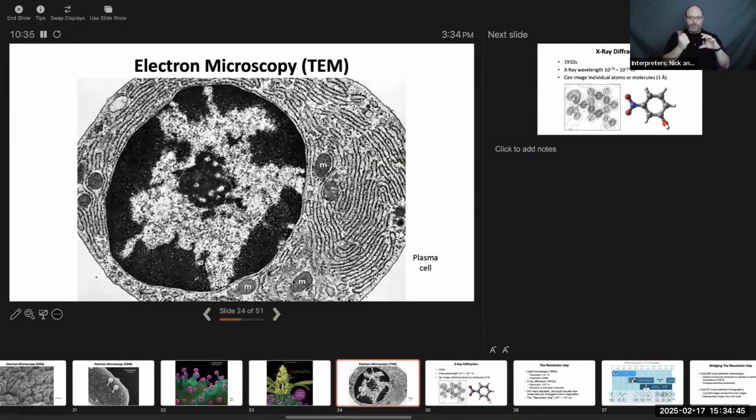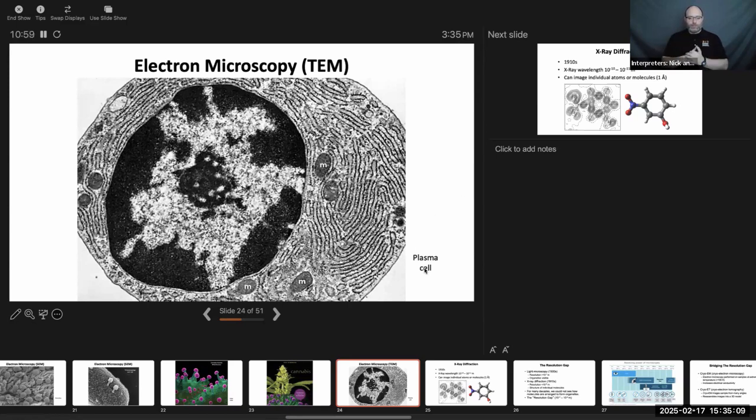Everything labeled M, those are mitochondria. So you can see the mitochondria pretty clearly. And all of this squiggly stuff out in the cytoplasm, that's all endoplasmic reticulum. And if you look closely, you may be able to see that all of the endoplasmic reticulum has little dots on it. So that's all rough endoplasmic reticulum with ribosomes on it.